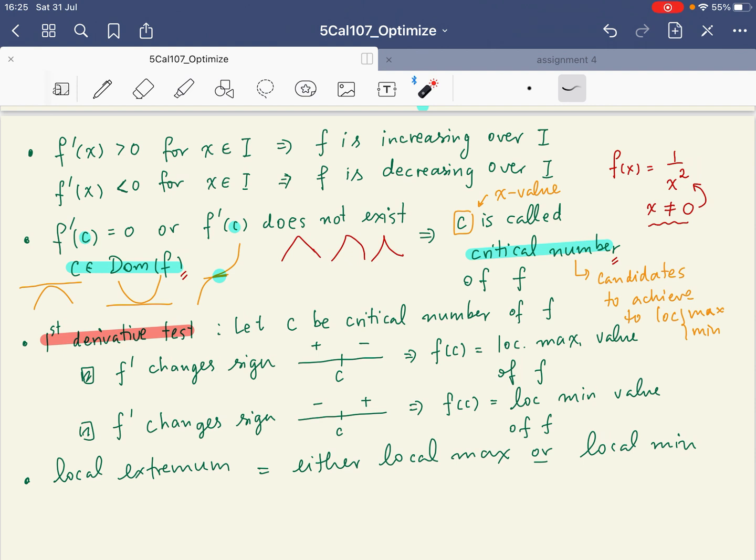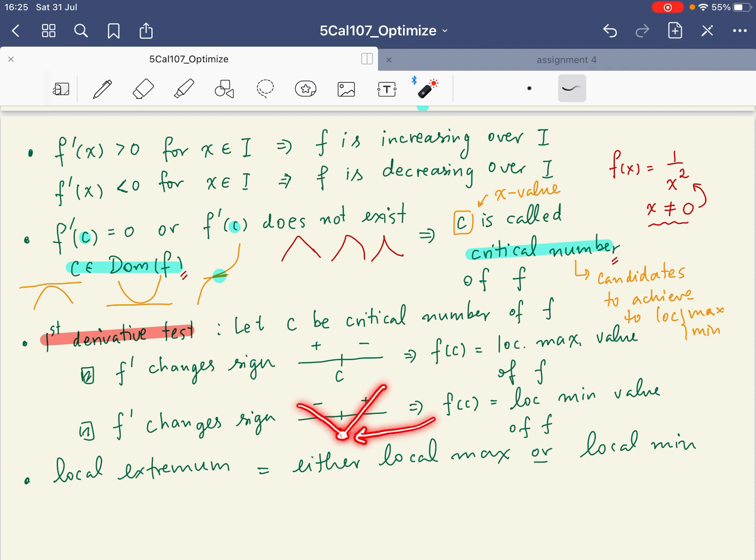If the sign of your f prime changes from positive to negative at this point, it means that you have a hill, so f(c) is a local maximum value of the function. But if your f prime changes from negative to positive, it means that you have a valley.